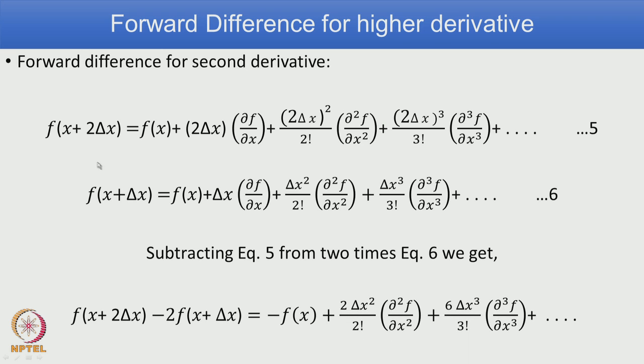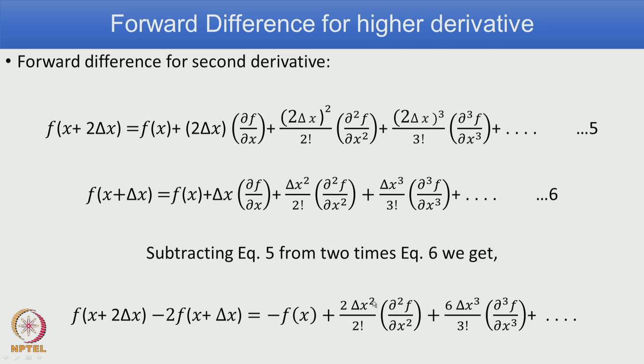So, we get f of x plus 2Δx minus 2 times f of x plus Δx, then some of the terms will get cancelled. Now, you see here only the second derivative term, that is ∂²f/∂x². We are again interested only in the second derivative, so we retain that on one side and bring all other terms to the other side. Again we have written here up to the next term only, all other terms are not written here.